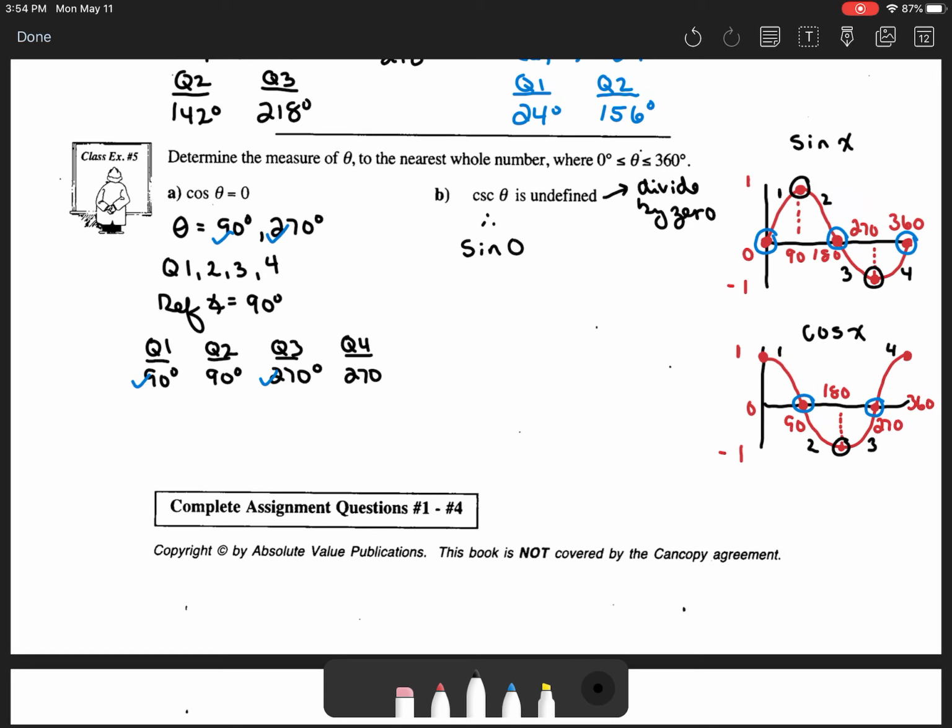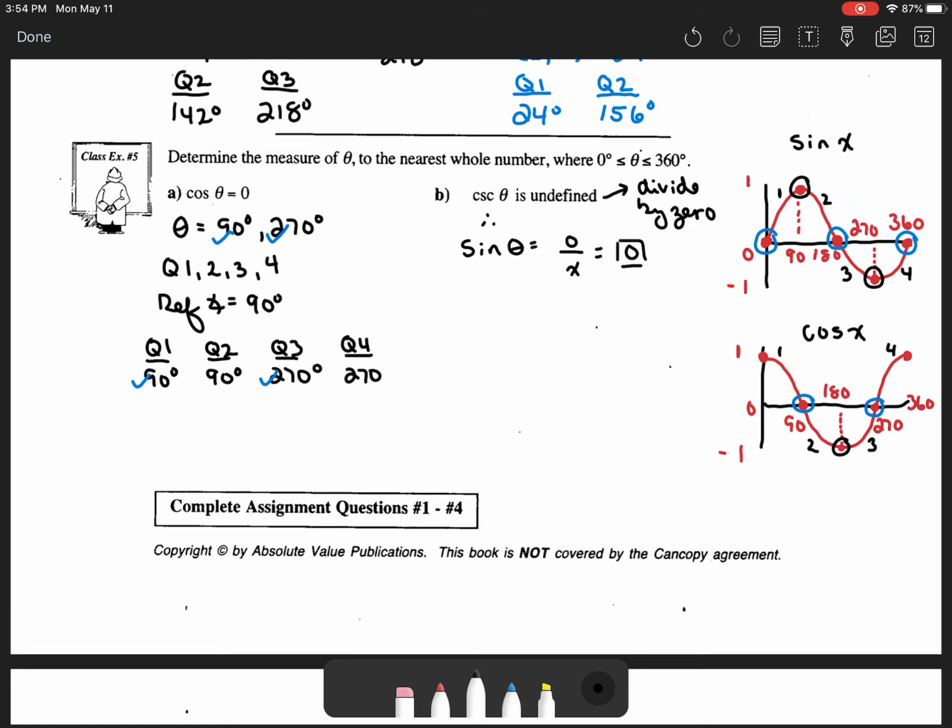So therefore, that means the reciprocal, which would be sine of theta, would be 0 over, okay, anything. It doesn't matter, okay? I don't care what's in the denominator because what is 0 divided by anything? It is always 0. So as soon as I know cosecant of theta is undefined, I know automatically sine of theta is equal to 0.